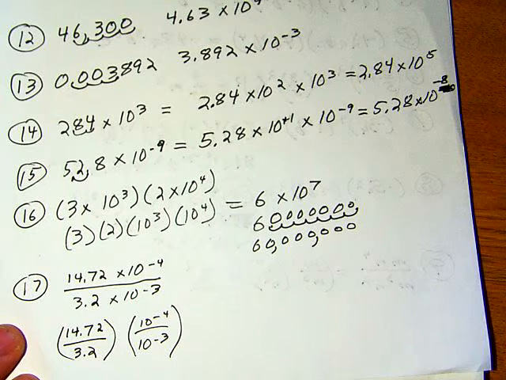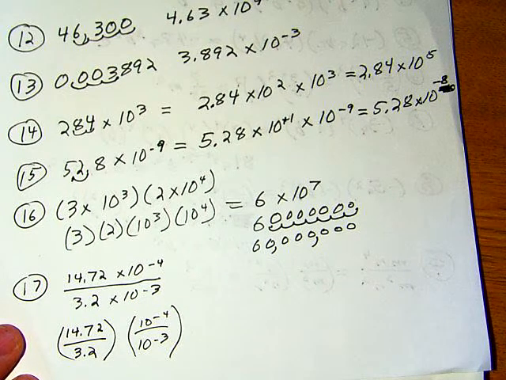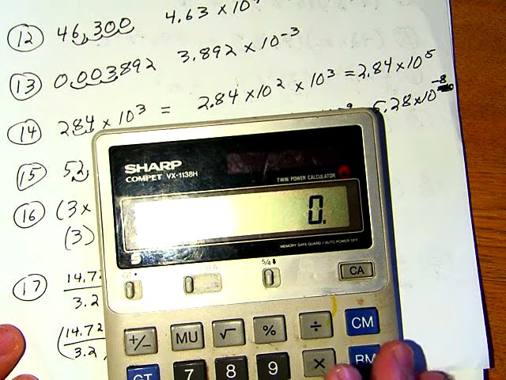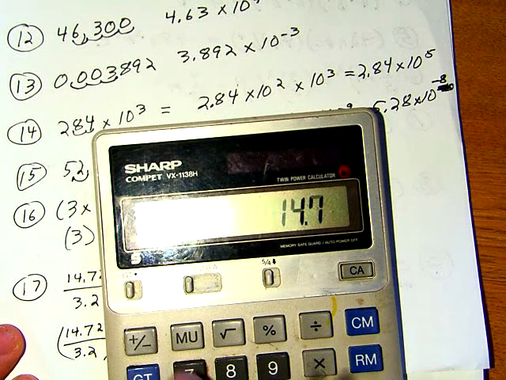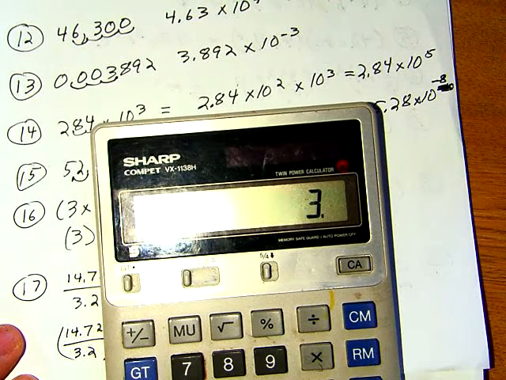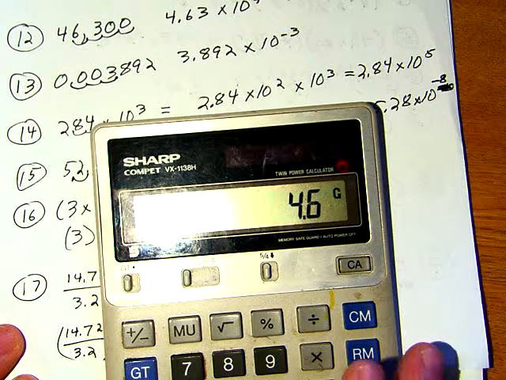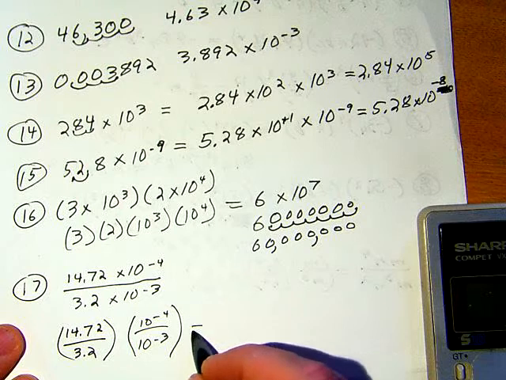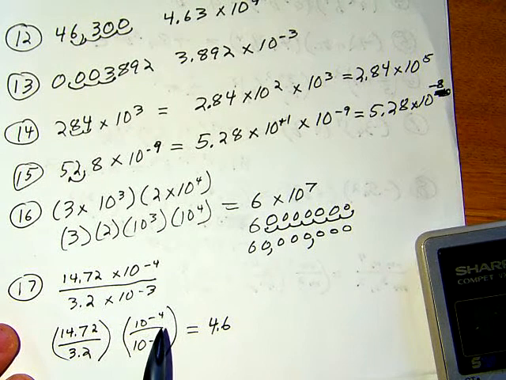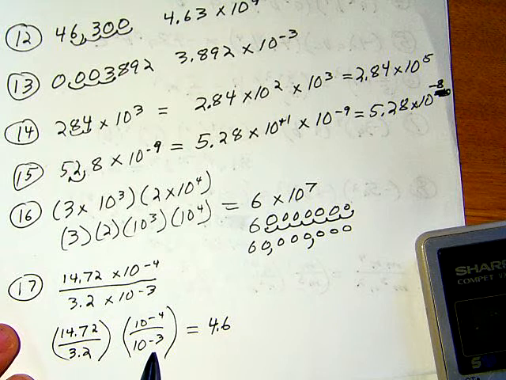And if I get out my handy dandy calculator, let's get it out. So you can see that 14.72 divided by 3.2 is 4.6. So 4.6, and 10 to the negative fourth divided by 10 to the negative 3 means I can subtract exponents.